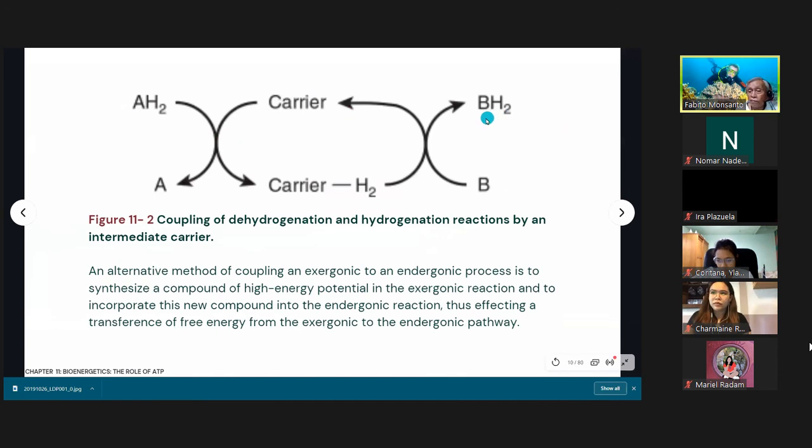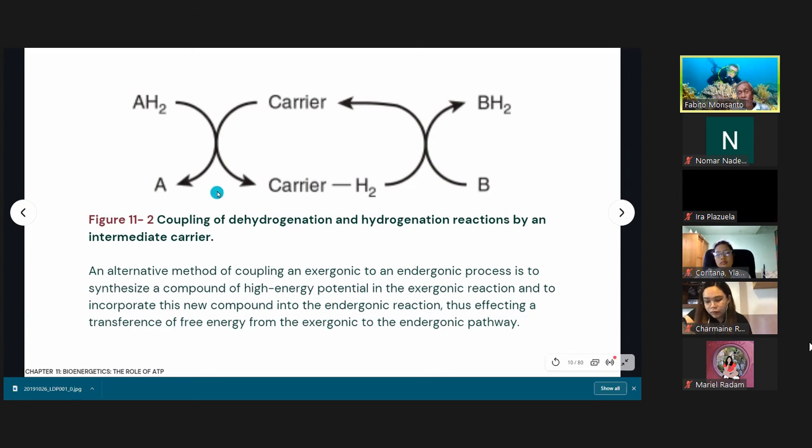All right. Now, it does not mean that you have only one carrier. There might be another carrier before the final acceptor of hydrogen comes around. Now, this is an example of an enzyme, a dehydrogenase.